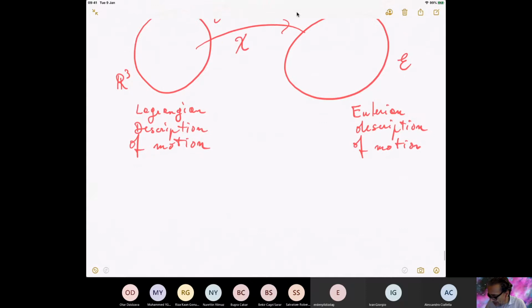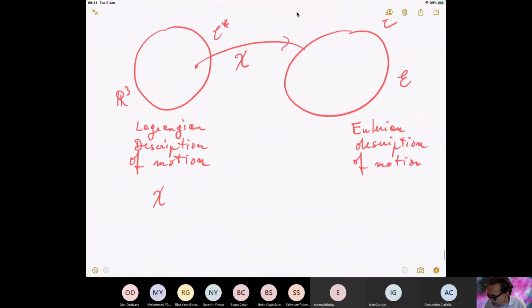So the placement key, as we said many times, maps the position of a material particle in the reference configuration, the label, into the actual position of this material particle. So key of XP and t, now time plays a role, is equal to small xp.